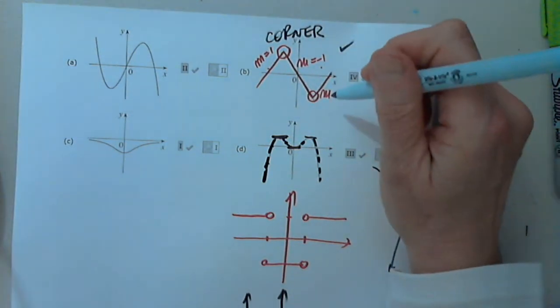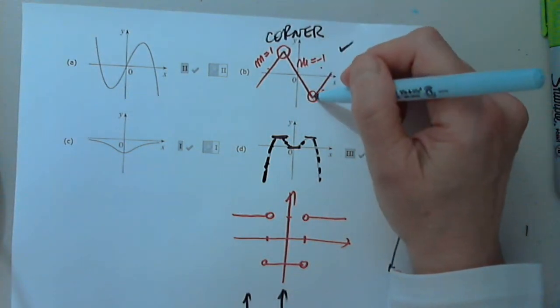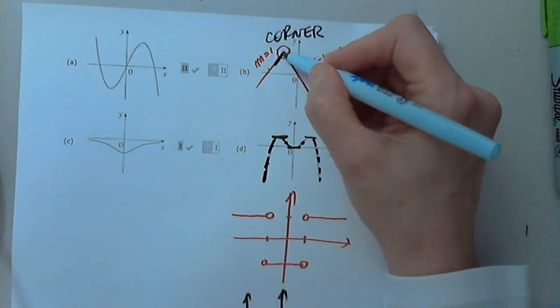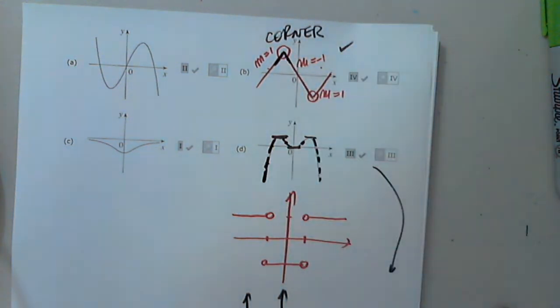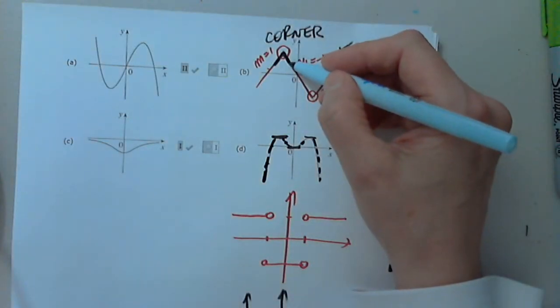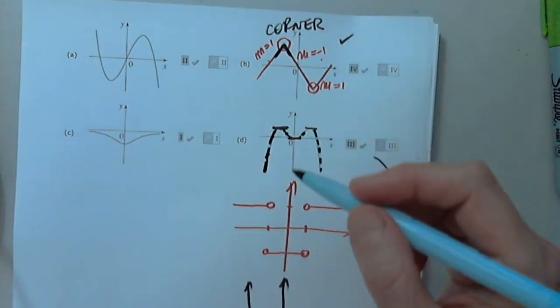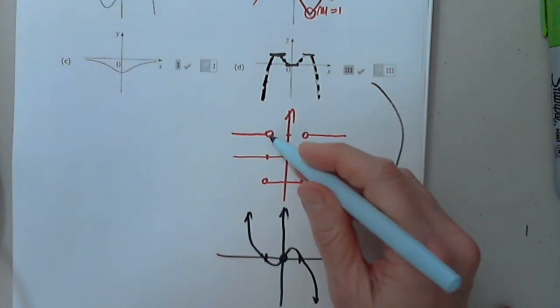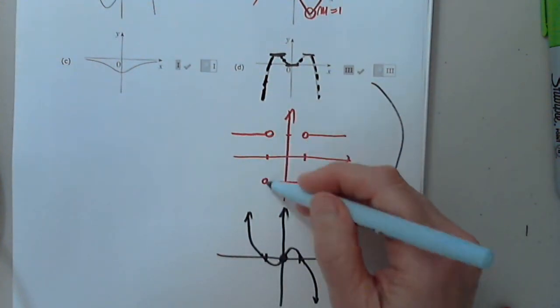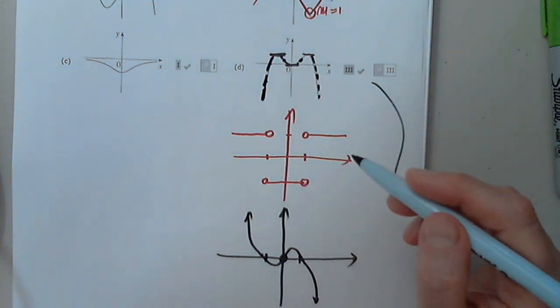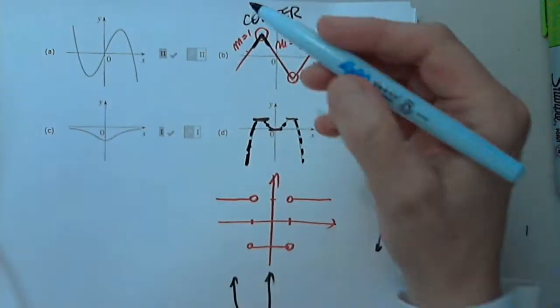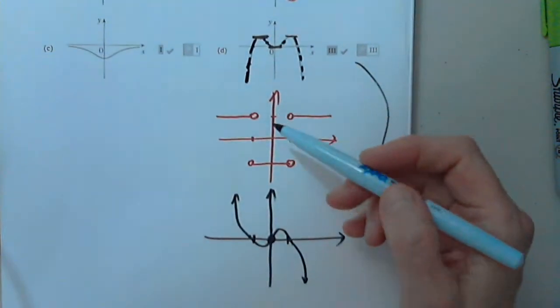A function is not differentiable when it has corners because it has 2 tangents. So when a function has a corner, at that corner, it has 2 tangents, one in this case positive and one negative. So therefore, its derivative is not defined and it has a jump in this case, but it's not defined. In this case, it happens because it's positive and negative, so it has a jump.